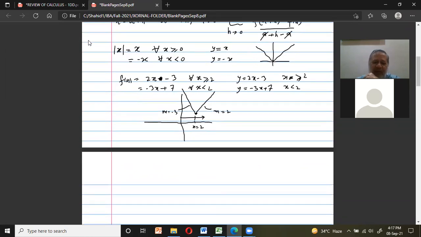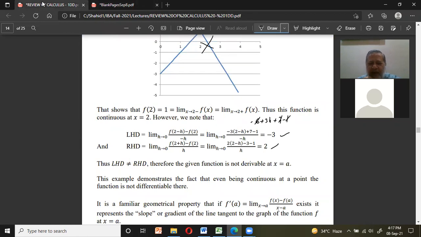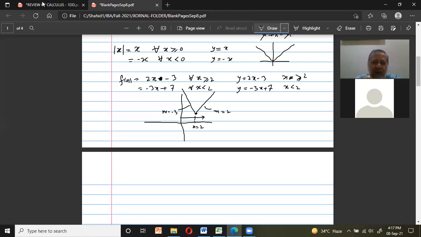So when is a function not differentiable, that is the question. The function is not differentiable if the left hand derivative, that means this limit, and the right hand derivative, that is this limit, are not the same. That is the limit matter. Geometrically, if I look at it, I will see a sudden change in the slope.